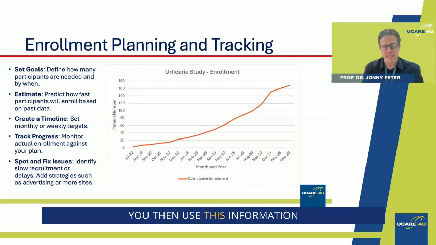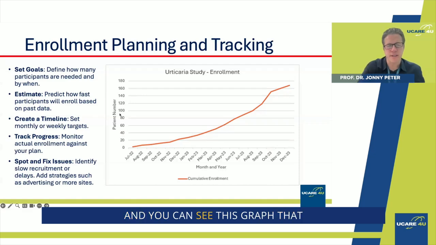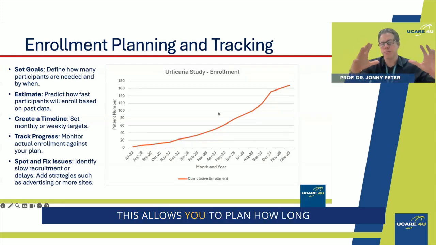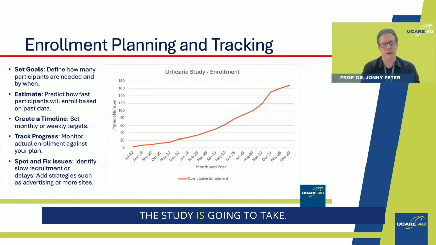You then use this information to create something of a timeline. And you can see this graph that I've put here just indicates the patient number on the y-axis, time across on the x-axis, and essentially a tracking of your proposed cumulative enrollment to hit the end of the study. This allows you to plan how long the study is going to take.